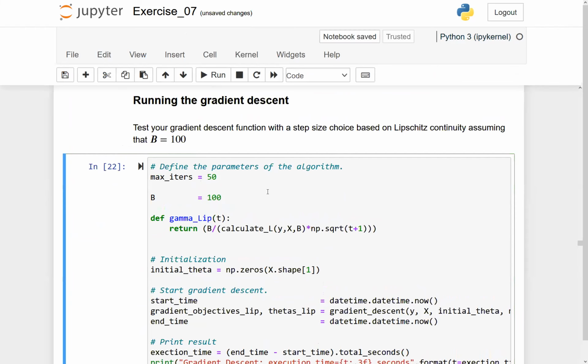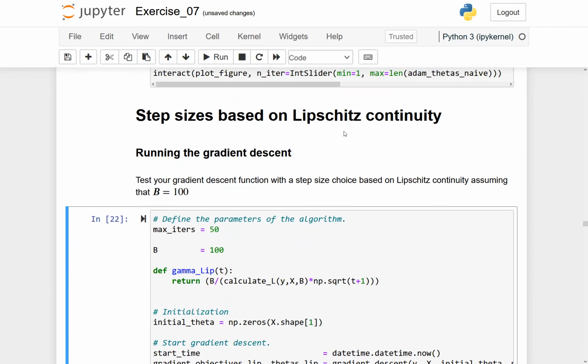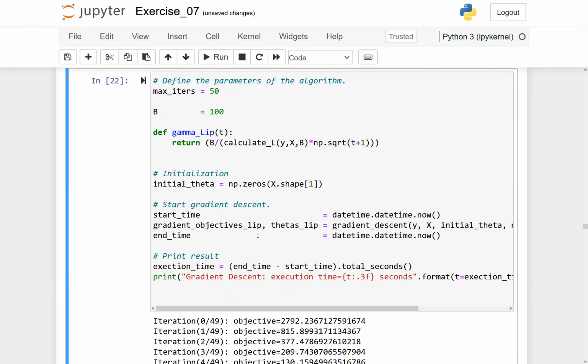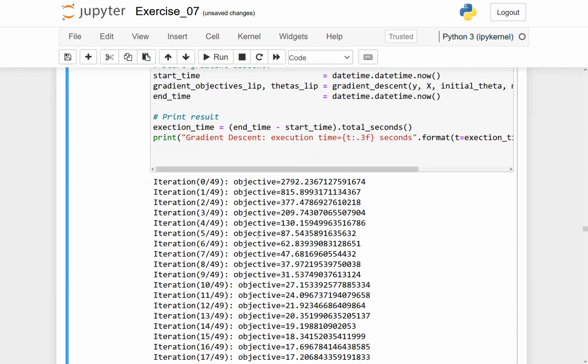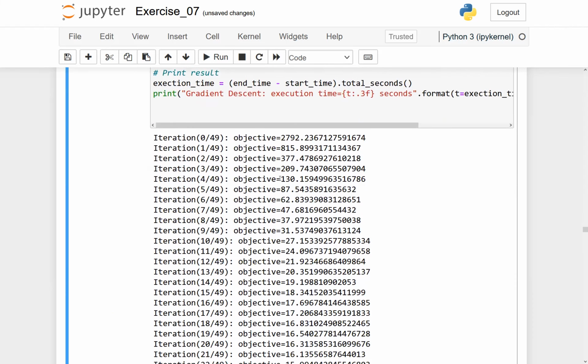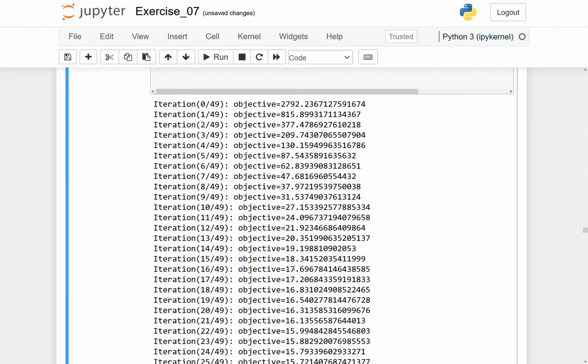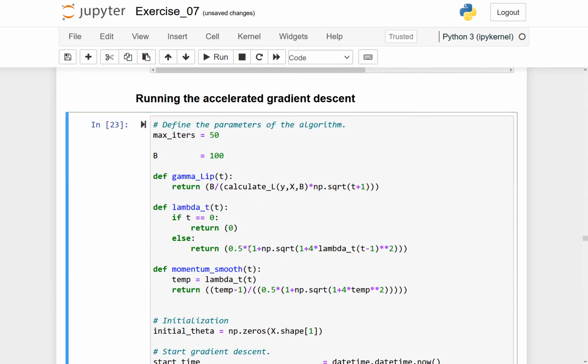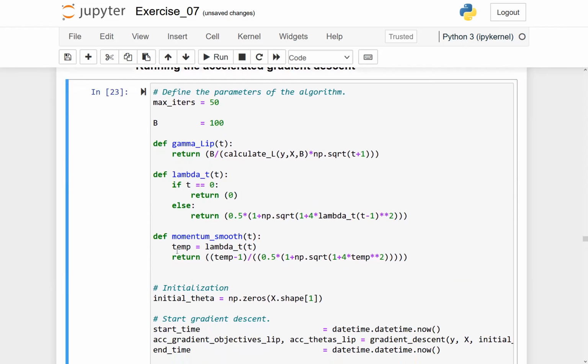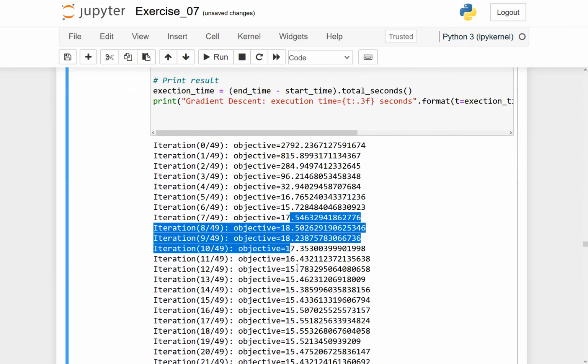So let's see what we get if we use the step size choice by incorporating the Lipschitz continuity. Again, plain gradient descent converges quite quickly, let's say. Accelerated gradient descent, where we have this momentum coefficient specified by this recursive lambda sequence, is converging also quite quickly.